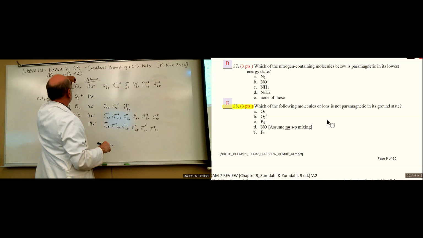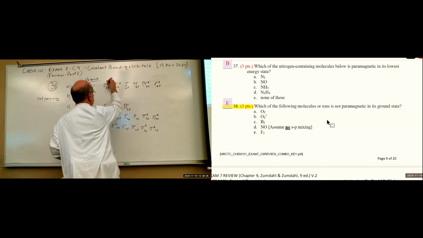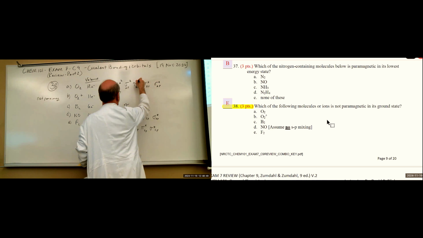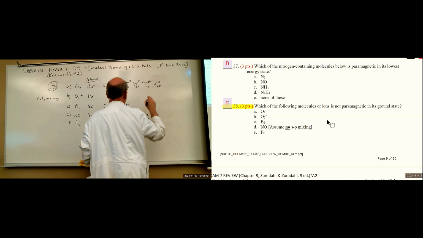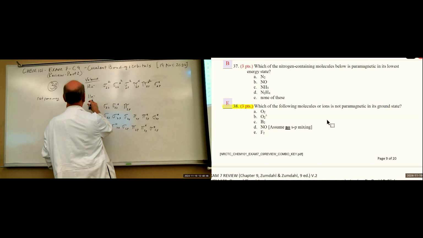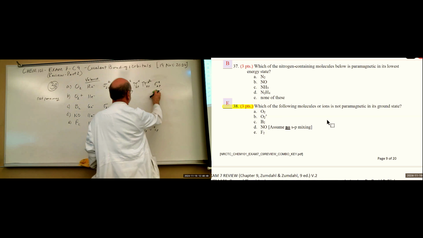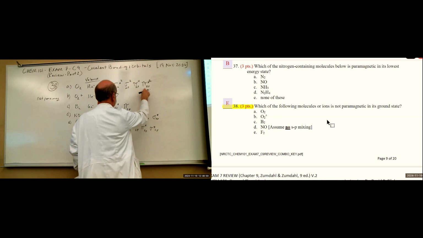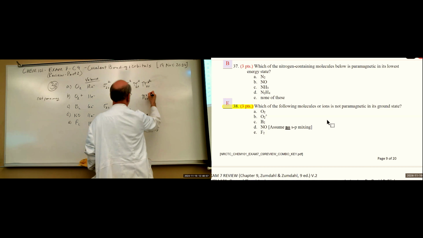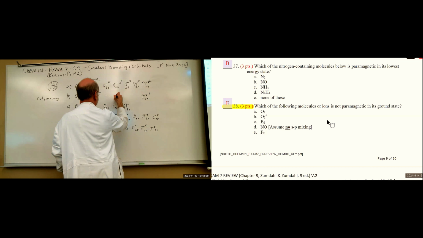Okay, so let's fill it in. 12 electrons: 2, 4, 6, 4 is 10, 2 more there. I'm gonna leave that up there. No, we don't need it. We just need to reduce this one by 1. Like that. And the rest of them are the same.